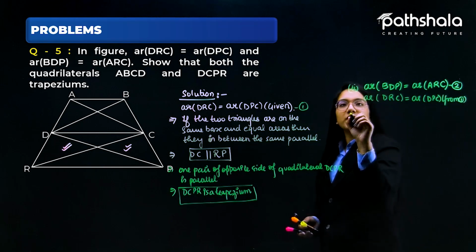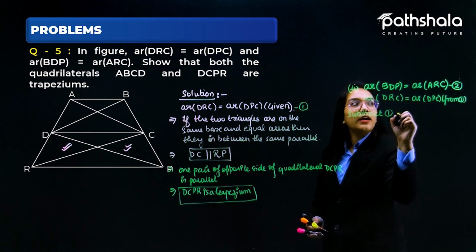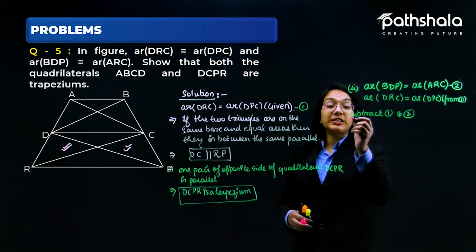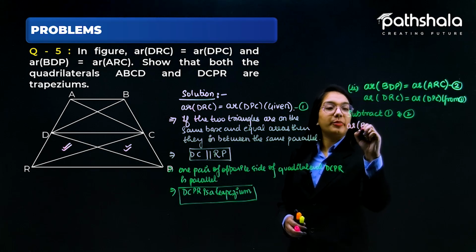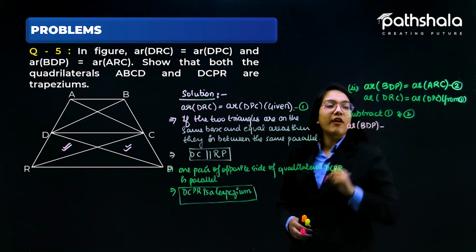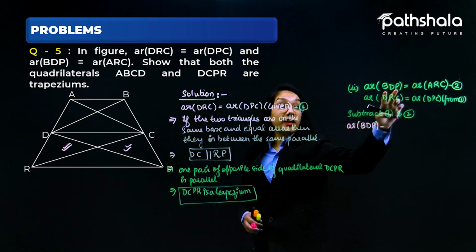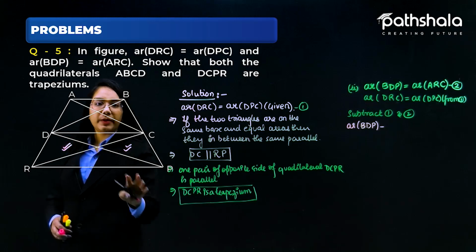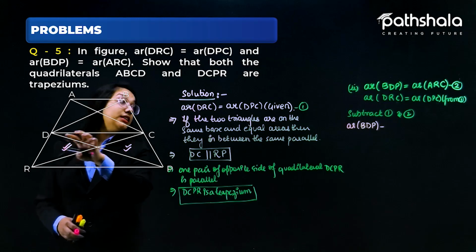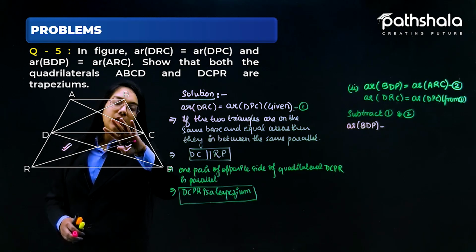Let us subtract 1 and 2. Actually, I'm not subtracting BDP with DRC, I'm subtracting BDP with DPC. Why so? Because BDP and DPC are lying on the same side over here.